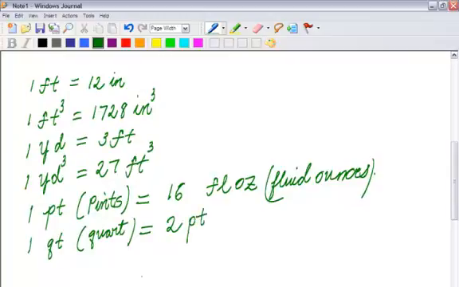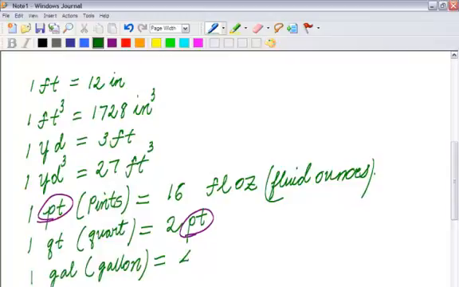Okay, and now what's the meaning of 1 gallon? When I say GAL, what I mean is gallon. This is what you see when you go to a gas station here. When you take gas for your car, you see gallons, right? 1 gallon means 4 quarts.